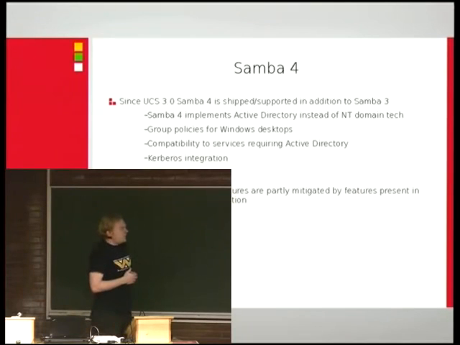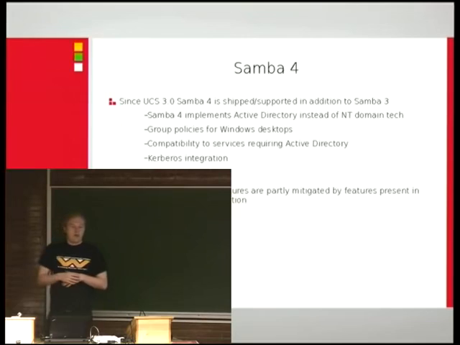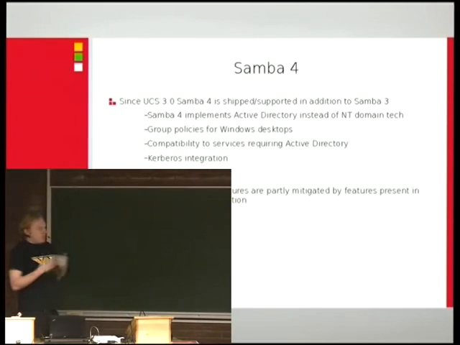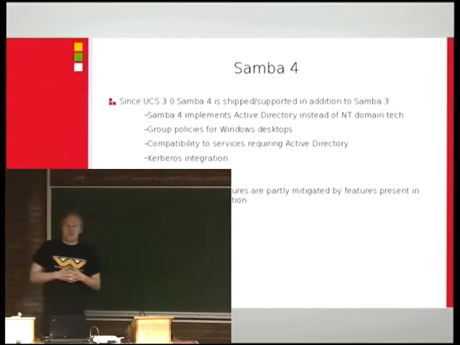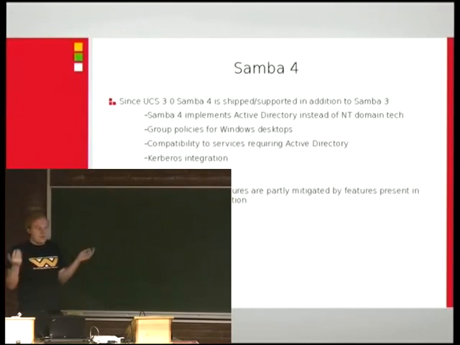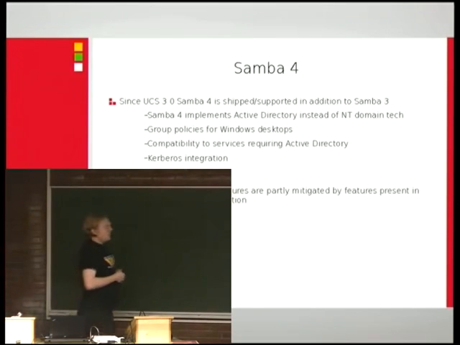The key change of Samba 4, in addition to the already existing Samba 3, is that it supports Active Directory services. This is the domain technology which is available on Windows servers since Windows 2000, so effectively since more than a decade.